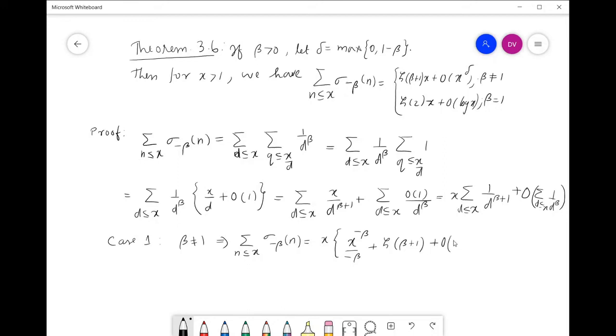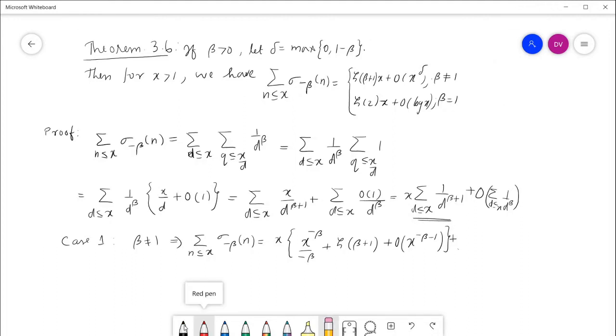So this will be the sum written here, plus the second term will be O of, if you use the asymptotic formula again for this term, you will get x raised to minus beta plus 1 divided by minus beta plus 1.